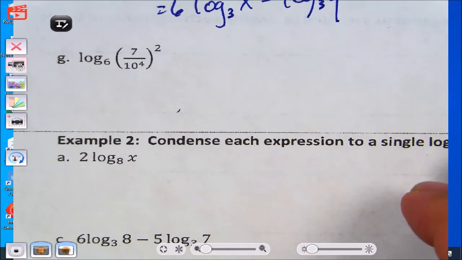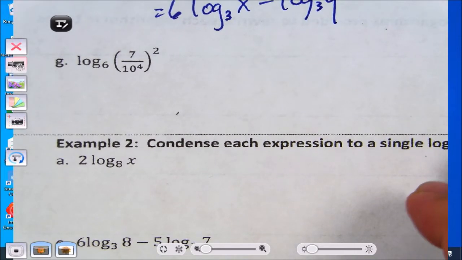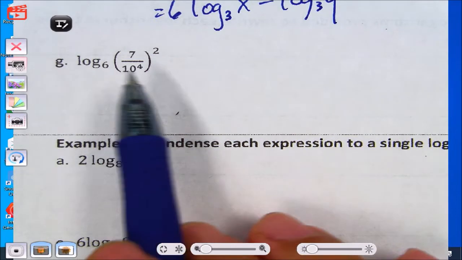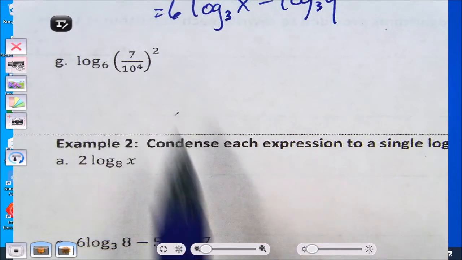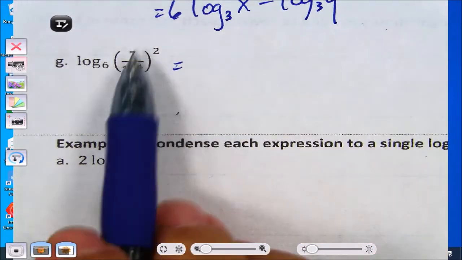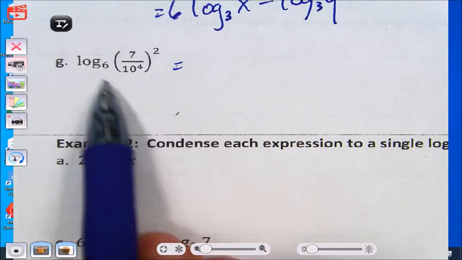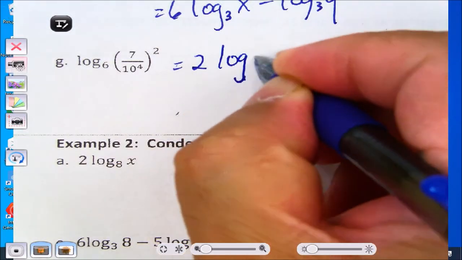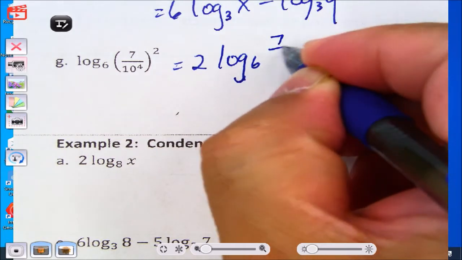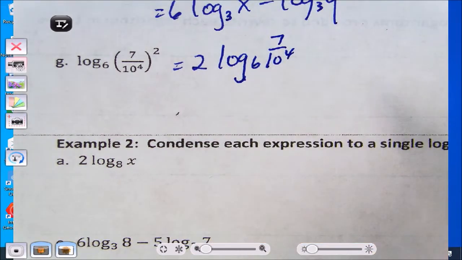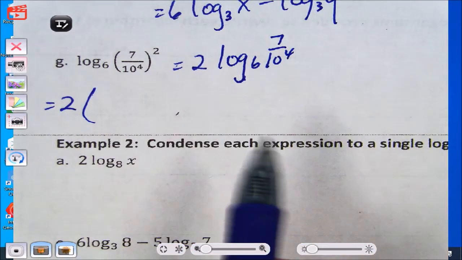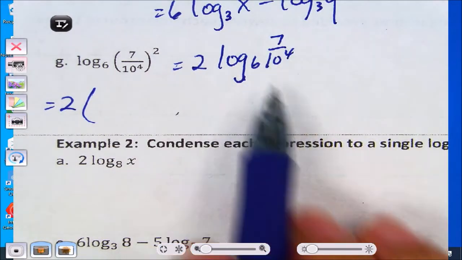Alright. G. Okay, so we have a couple exponents to deal with. You got to be careful with parentheses in this one. So there's a 2 exponent for the whole thing, so I bring that forward. And that's log base 6 of 7 over 10 to the 4th. And when I write this again, I need the parentheses because of this fraction that I'm going to separate.